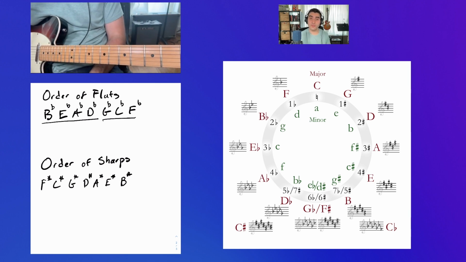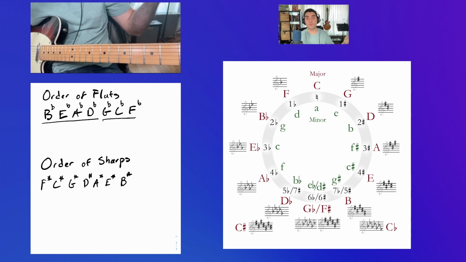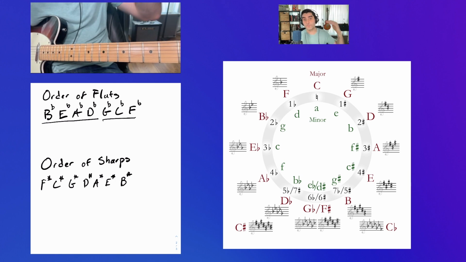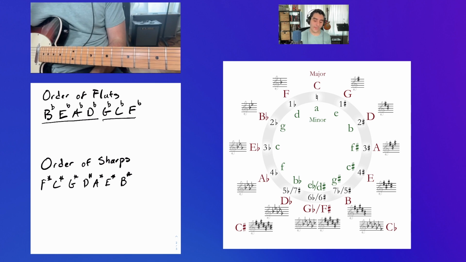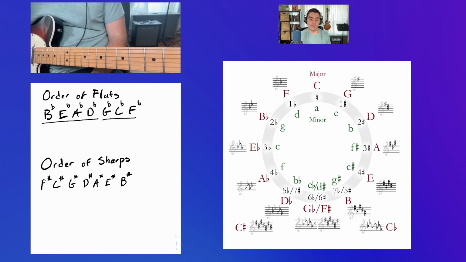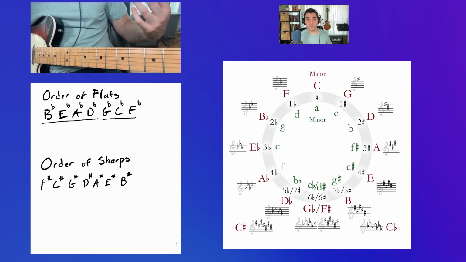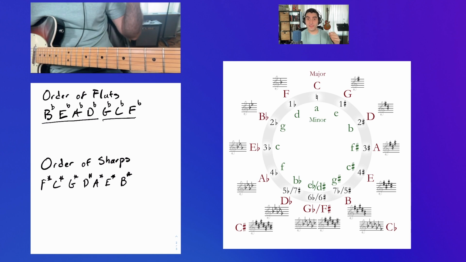So it's literally the exact same thing. And it relates to the circle of fifths because it's like if you're going either backwards or forwards on the circle of fifths. You can go around it either way. So in order to figure out what a flat key signature is, let's figure that out first.